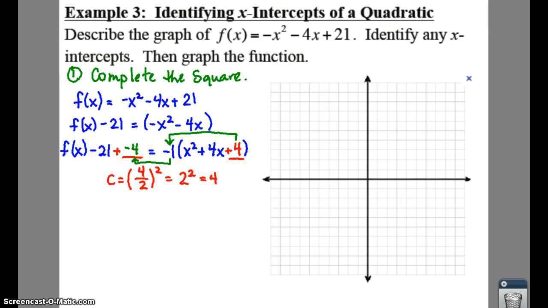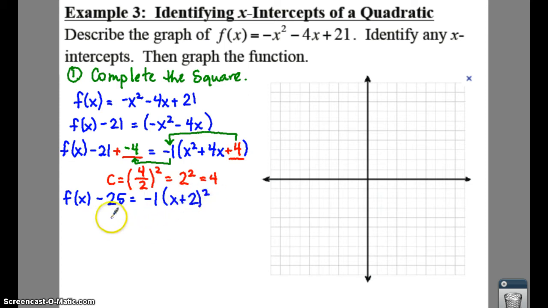So what we're going to do is clean this up. Blue. We're going to say f of x minus 25 is equal to a negative 1, and then we can factor this trinomial into x plus 2 squared.